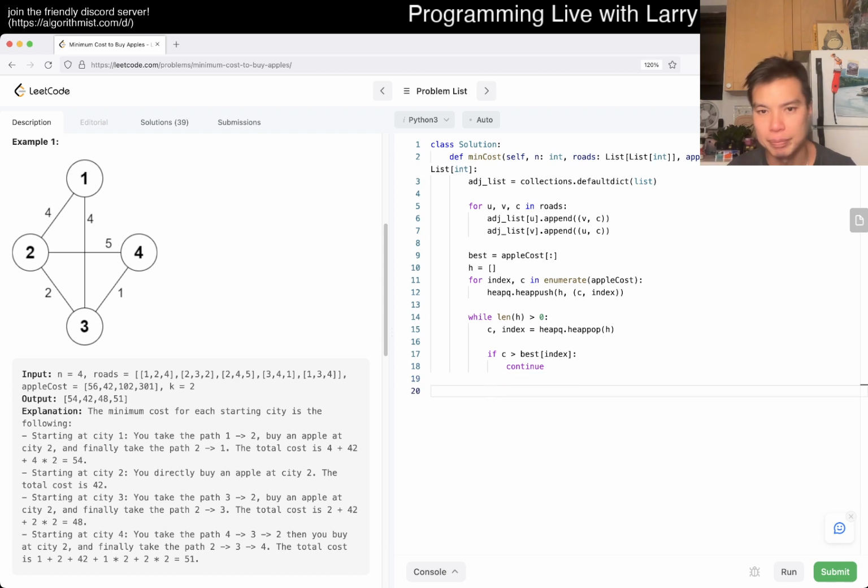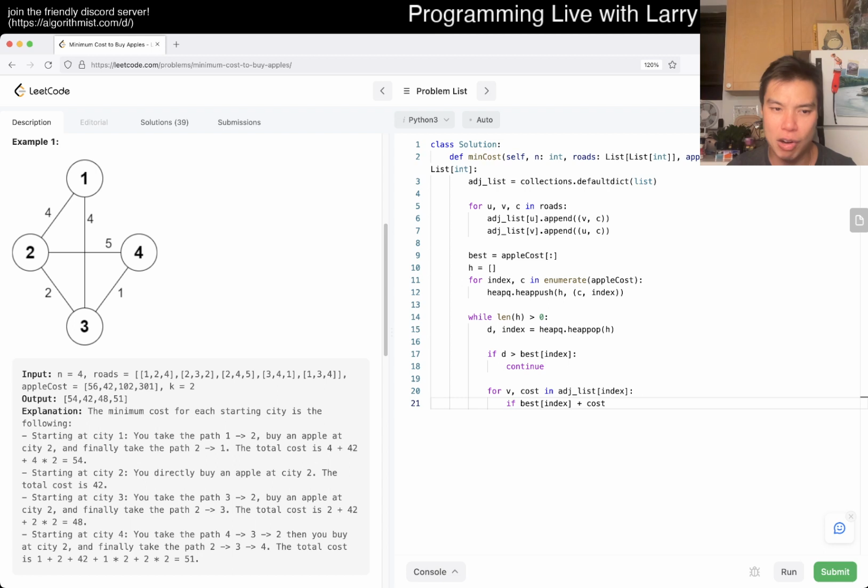Otherwise, for v in the adjacency list of index, this is actually v and c, that's what I'm missing, because we already have this c, so let's just call it d for distance.